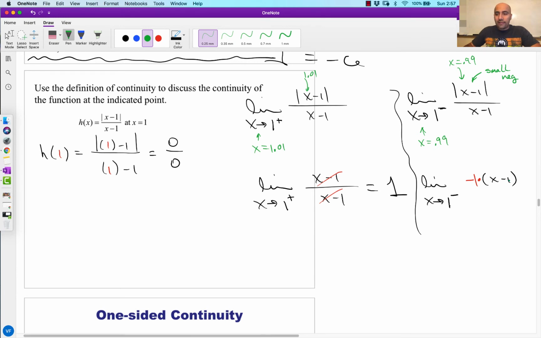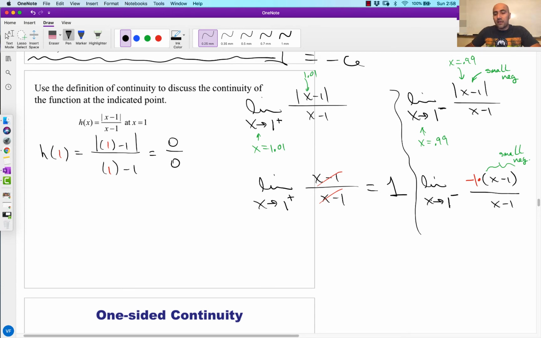Because of the special selection of the input, I know that this part in here is going to be a very small negative. But if I multiply it by negative 1, it makes the whole thing a small positive number, right? That's what the absolute value does. So we take that and divide it by x minus 1.